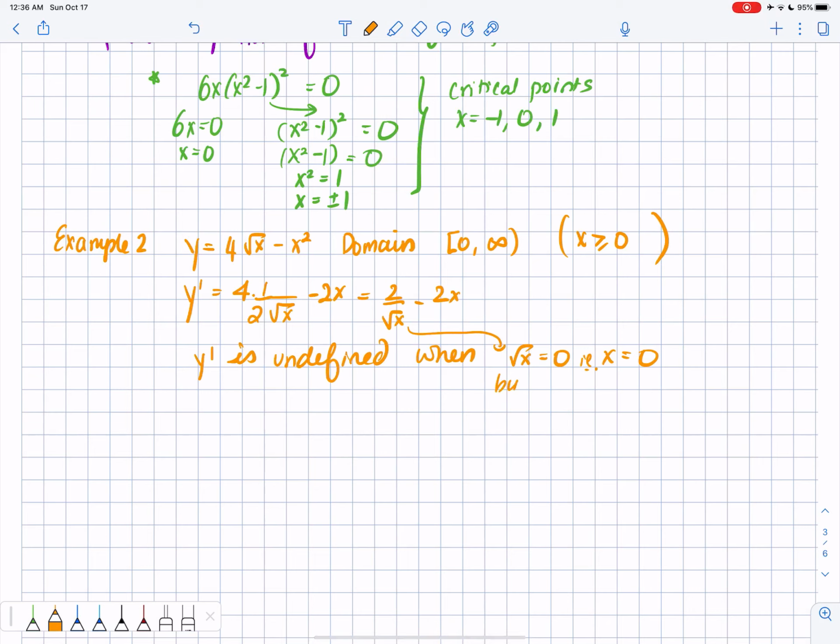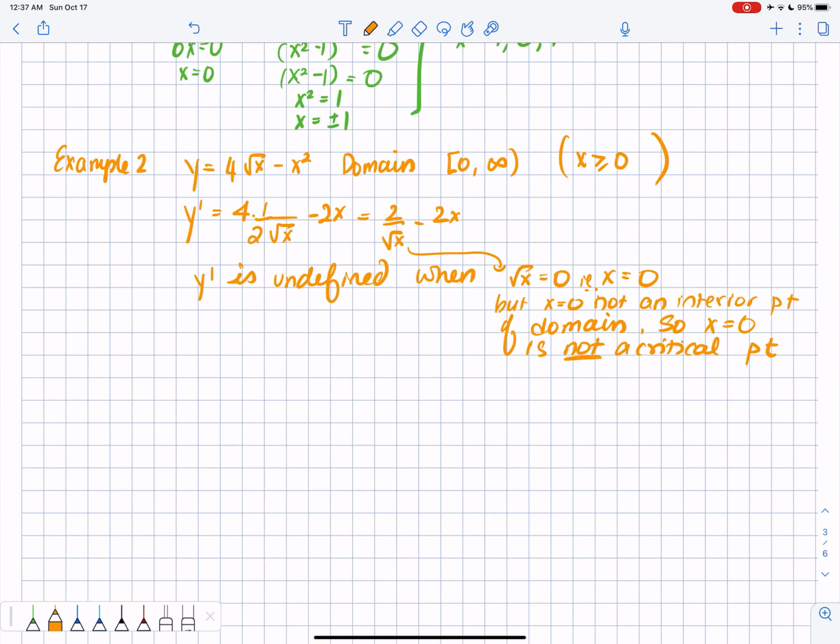X equals 0 is not an interior point of the domain. So x equals 0 is not a critical point. Make sense? You need it to be an interior point. Okay, so that didn't yield any critical points.